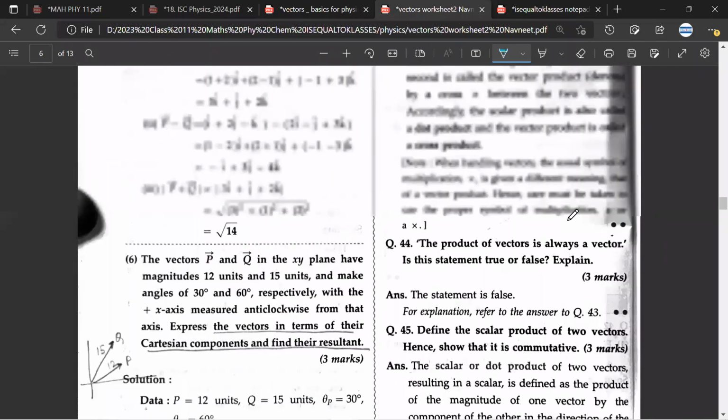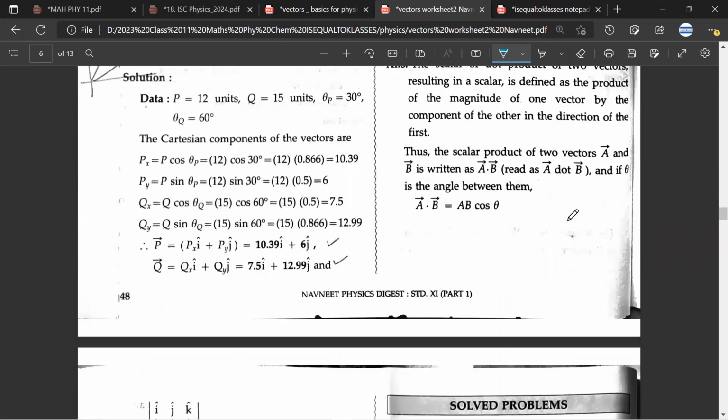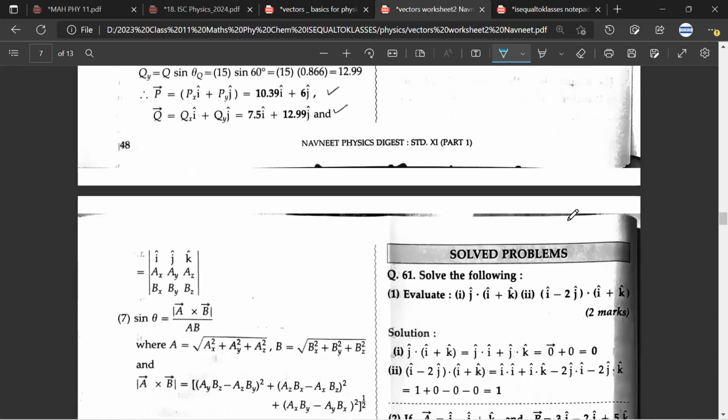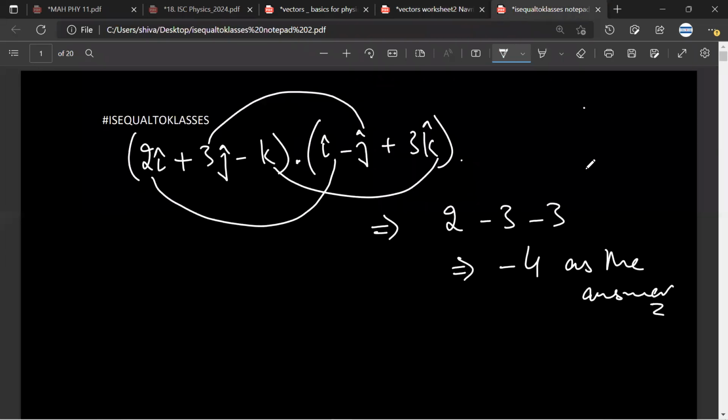So in scalar product, I get just one number. That is it. But in vector product, what happens is that I get another vector. Let us try to understand that.